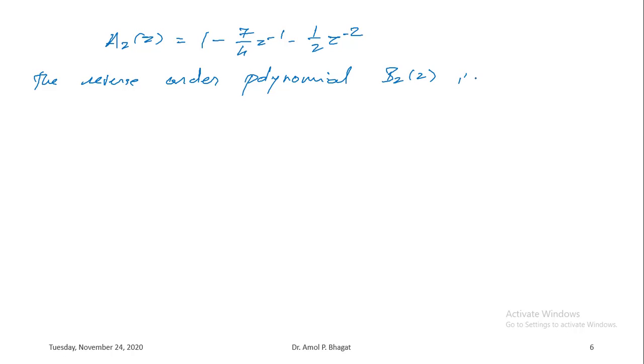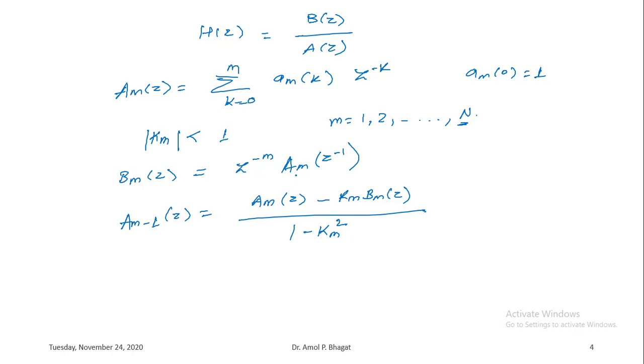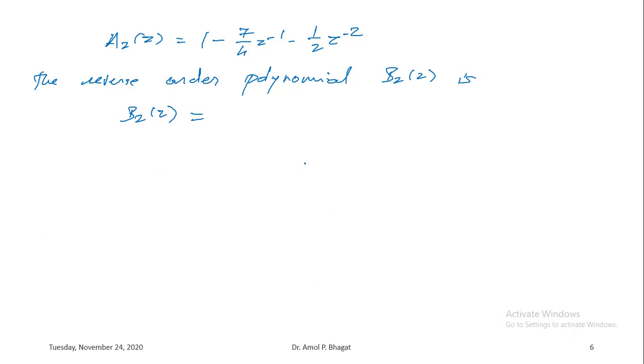The reverse order polynomial b2 of z is, so what will be the formula for b2 of z? The formula for this bm of z was z to the power minus m am of z inverse, that we have written here. As in place of m the value is 2, it will be z to the power minus 2 a2 of z inverse.